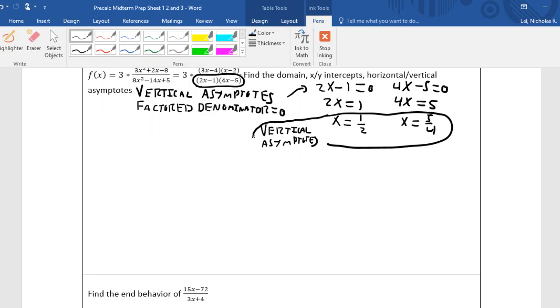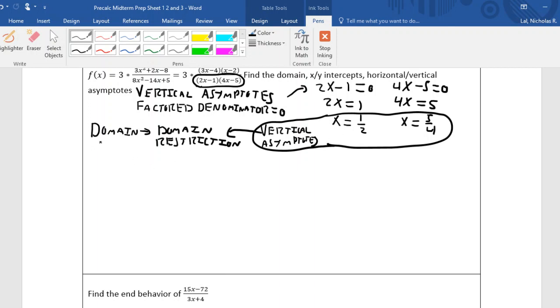Now from my vertical asymptotes, I should be able to find the domain. For a rational function, the vertical asymptotes are domain restrictions. So x can be all numbers except for our domain restrictions.